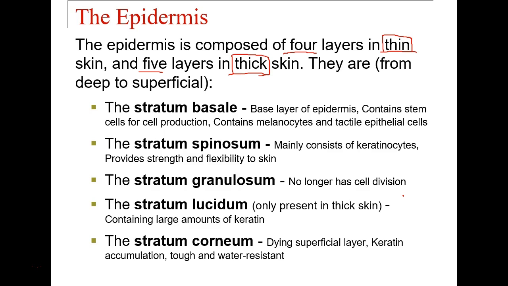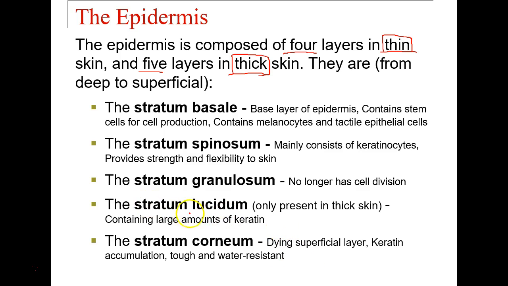These are cells that have moved closer to the surface and are no longer dividing. Skipping lucidum onto corneum, this is the most superficial layer, the dying superficial cells. Keratin has accumulated here, and now we are tough and water resistant.